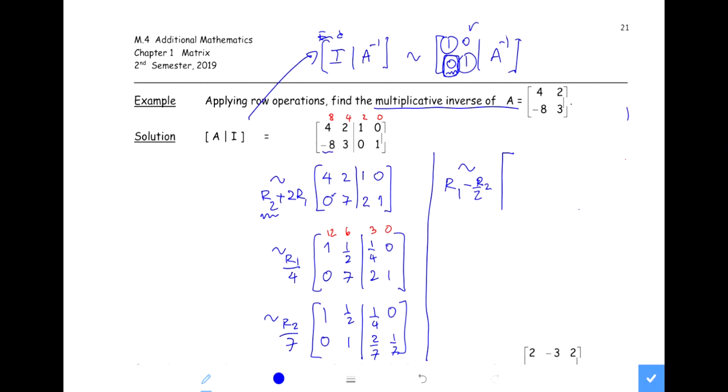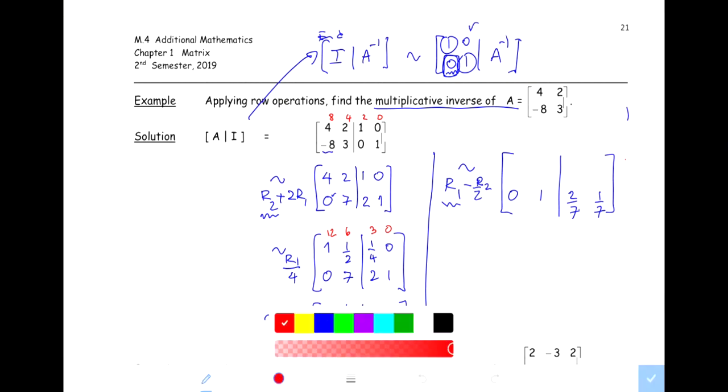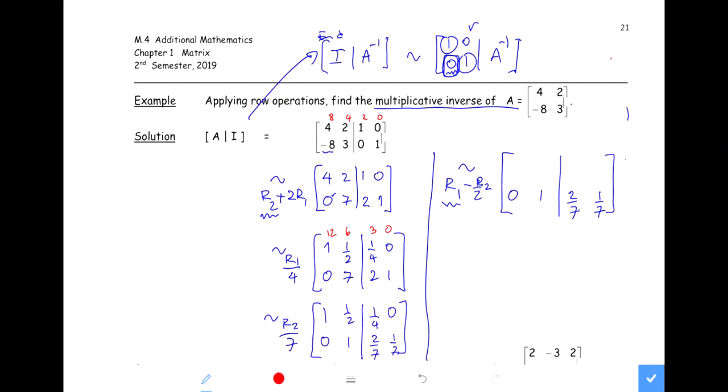Okay, let's write it down. I talk about R1, right? I start at R1, so I will not change anything in my R2. 1 over 7. And then write a little bit in small letters here. I want to know what is half of R2.